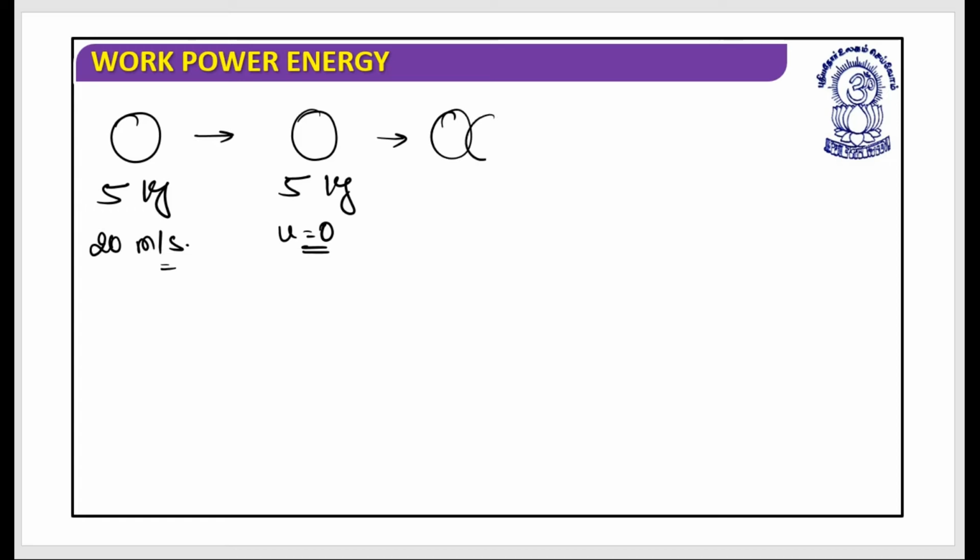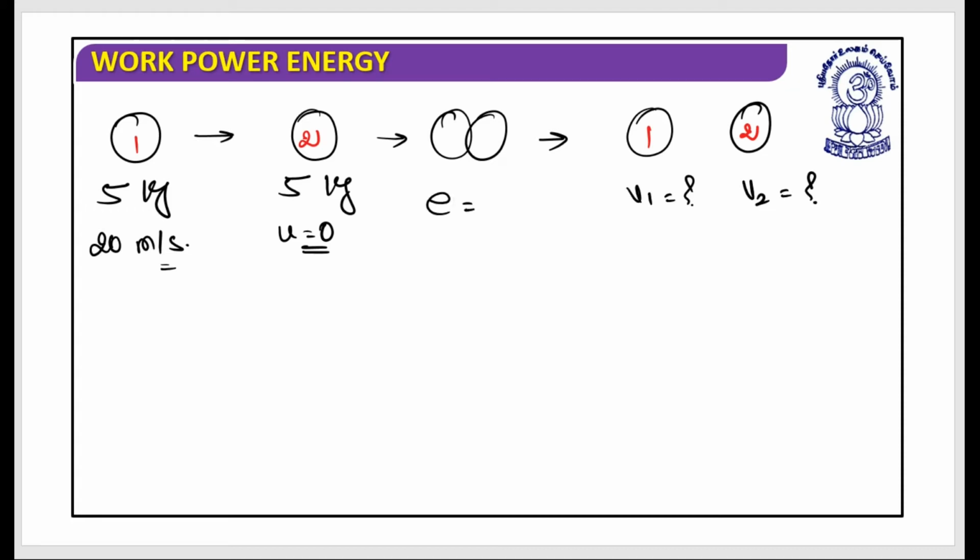They are going to collide elastically and move like this. This was the first object, this was the second object. When we calculate, this is v2, this is v1, and they have mentioned that e equals 0.2, the coefficient of restitution. So let's begin.